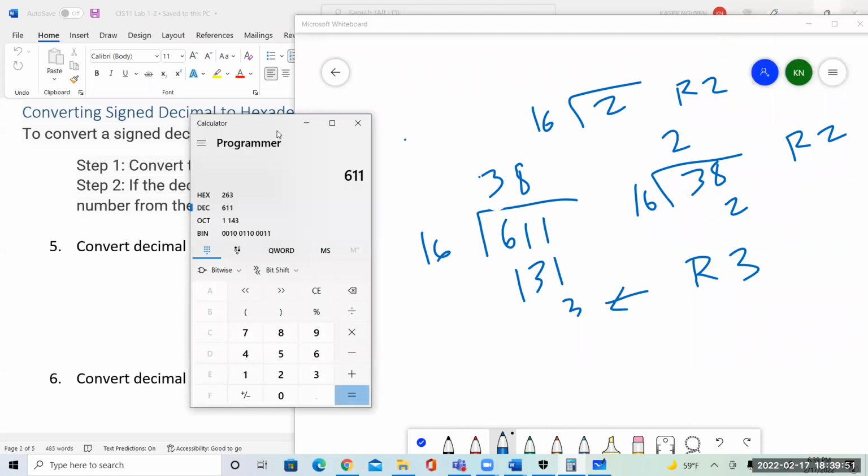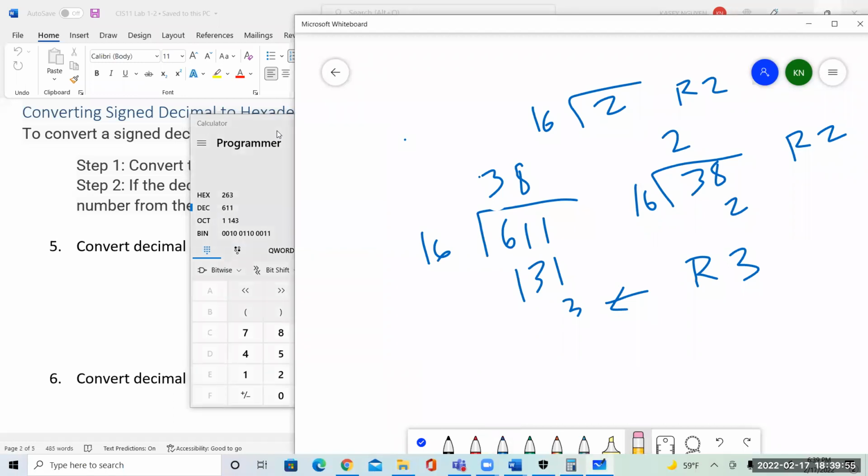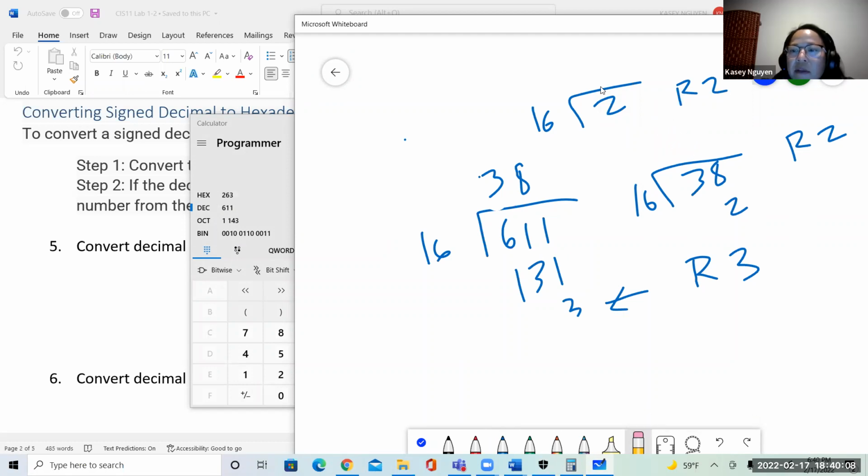The 38, I believe, is kind of. That 2 should be 30. Yeah, that's right. So the remainder here is 6. So 3 divided by that. Okay, yeah, I missed it here.